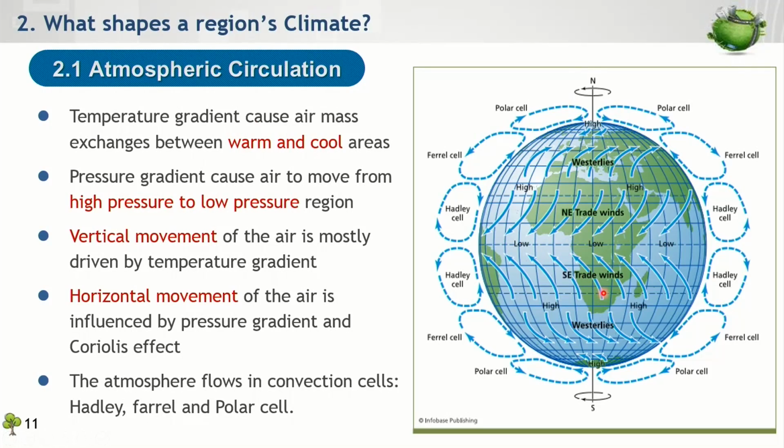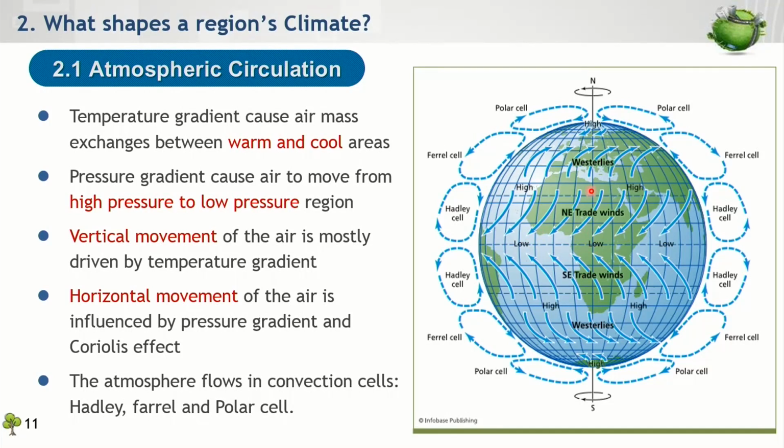Similarly, the pressure gradient is the difference in air pressure between two locations. It causes the air to move from high pressure zones to low pressure zones horizontally, from north to south or from south to north.